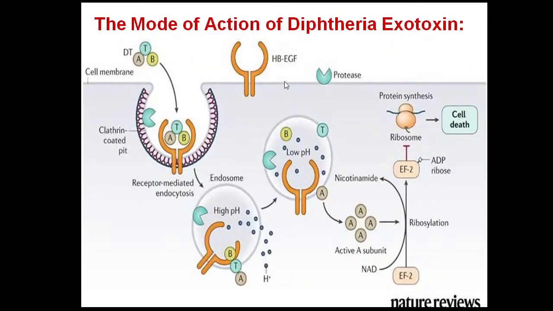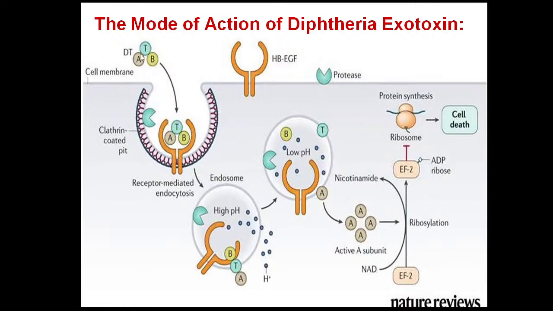Now I would like to give you some examples of the activity of exotoxins. Let's take a look at how diphtheria exotoxin works. Diphtheria toxin consists of several subunits and has a typical AB structure.